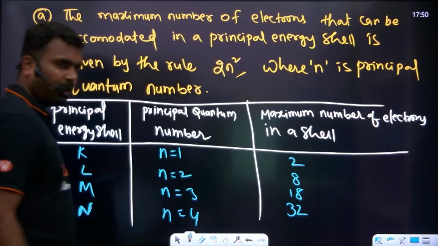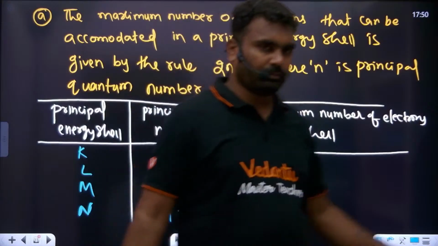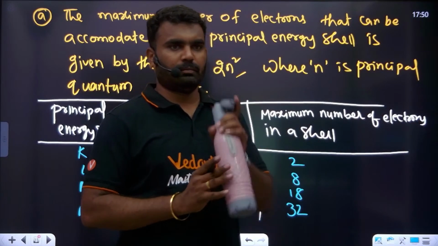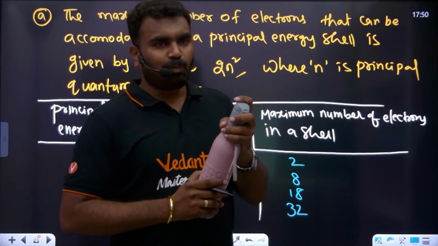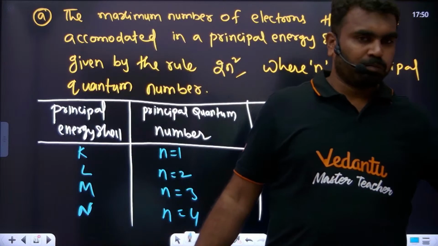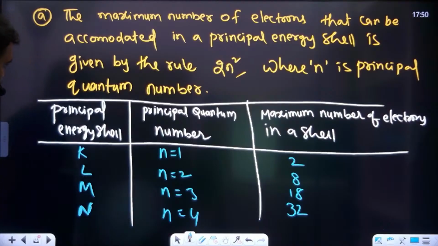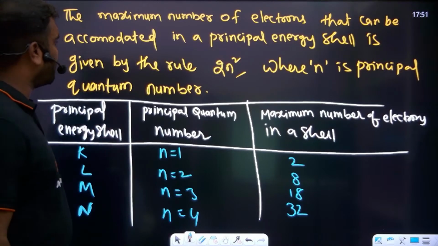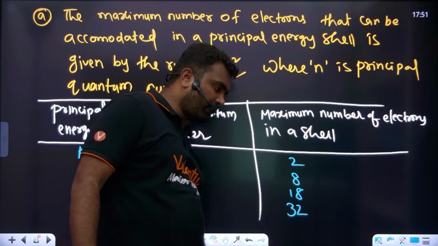So this is the answer for question A. The maximum number of electrons that can be accommodated in a principal energy shell is given by the rule 2n square. So we have seen how many electrons fill according to 2n square.